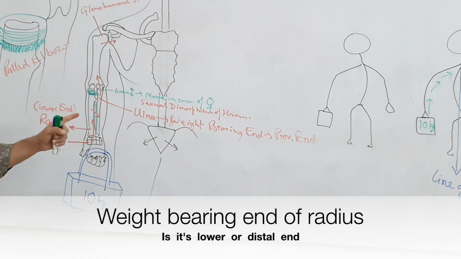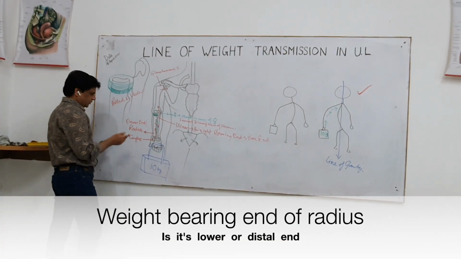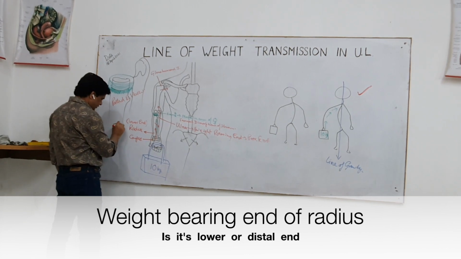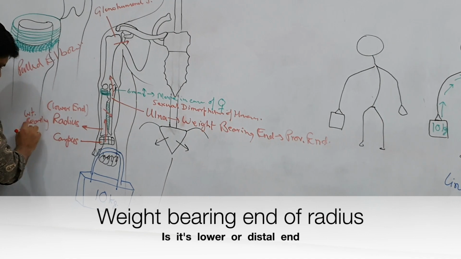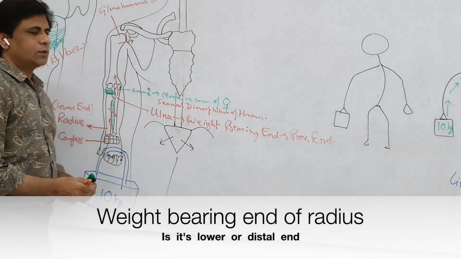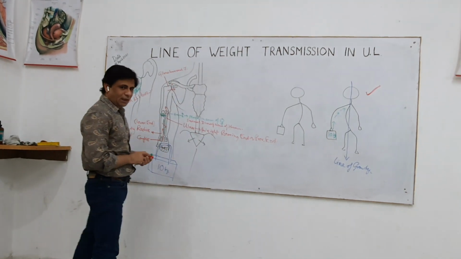In case of the radius, it's the lower end which is the weight bearing end. That's how weight is shared to the scapula.